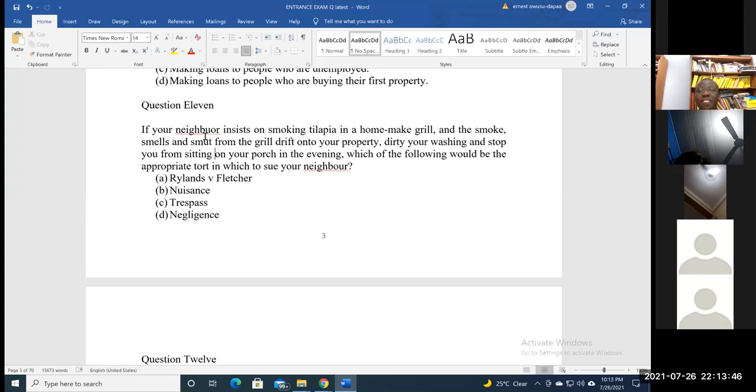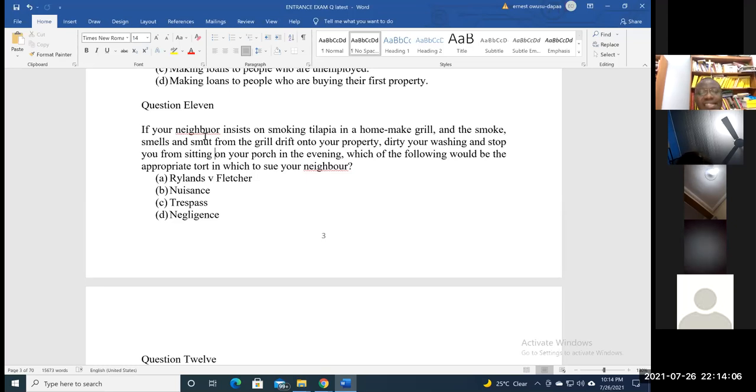Duty of care. With negligence, you should always be able to establish three things: existence of a duty of care, breach of the duty of care, and then the resultant injury or damage.